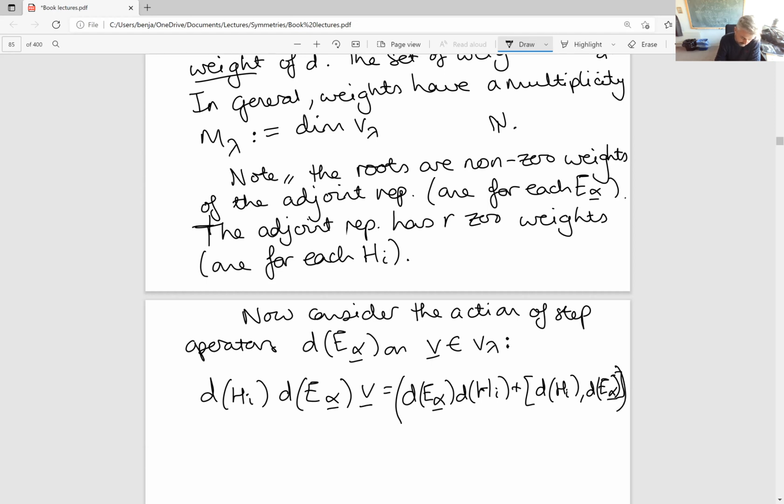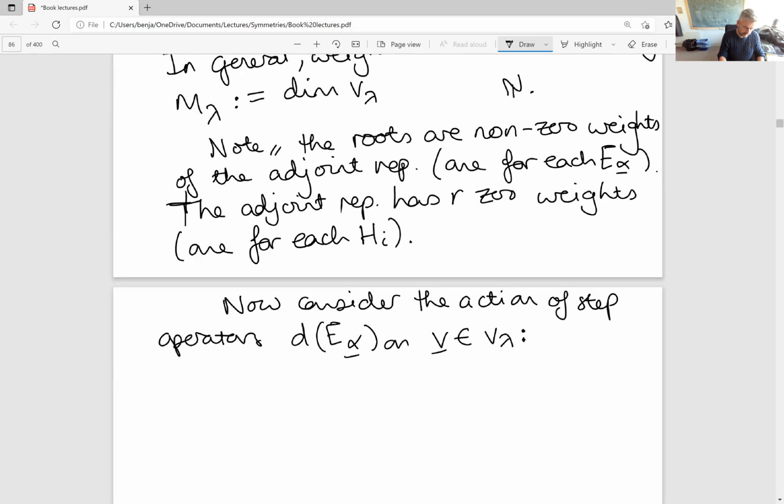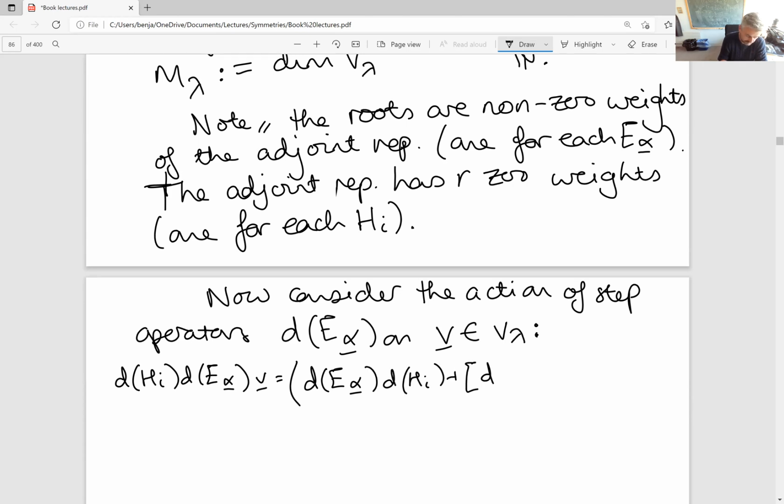So all of this acts to the right. So d(H_i) d(E_alpha) V is equal to d(E_alpha) d(H_i) plus the commutator.